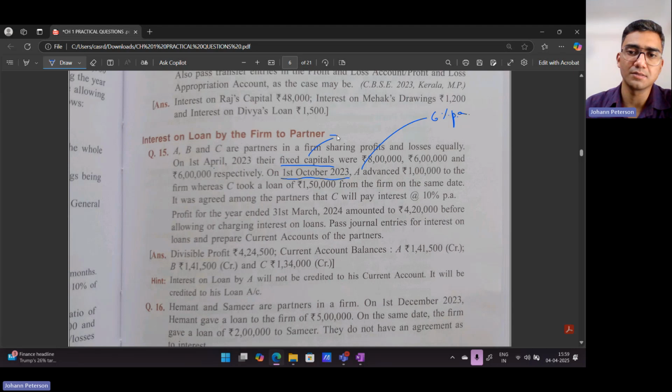This means which method is being followed? The fixed method. The fixed method is being followed. So therefore, we show all our kinds of adjustments now in the current account. That is why the question is also asking us to prepare the current account of the partners.